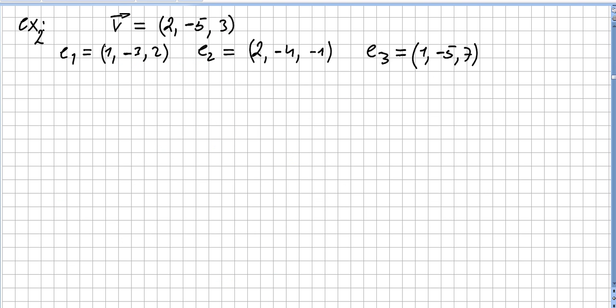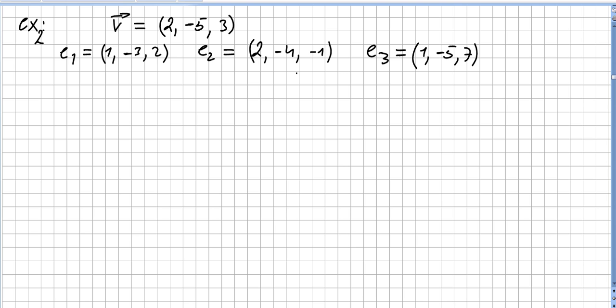Now let's do another exercise, exercise 2. We have vector v = (2, -5, 3), and we have vectors e1 = (1, -3, 2), e2 = (2, -4, -1), and e3 = (1, -5, 7).